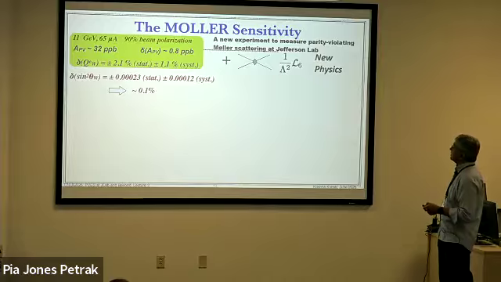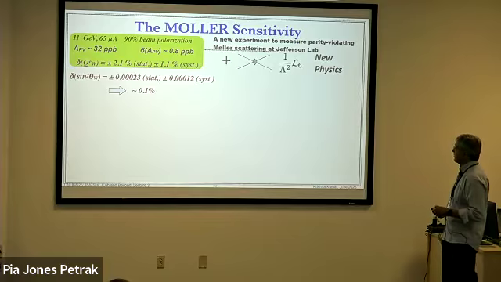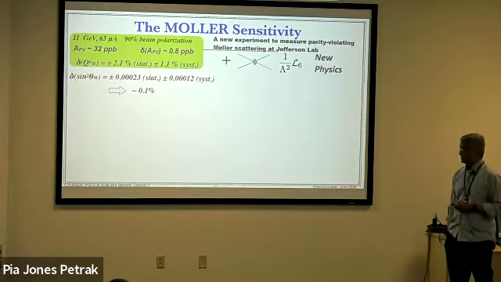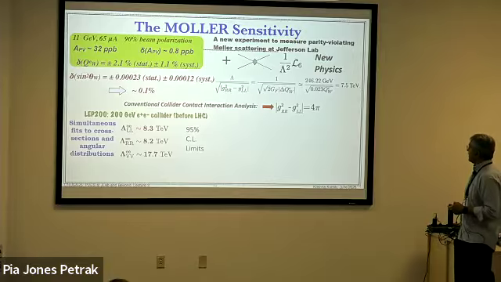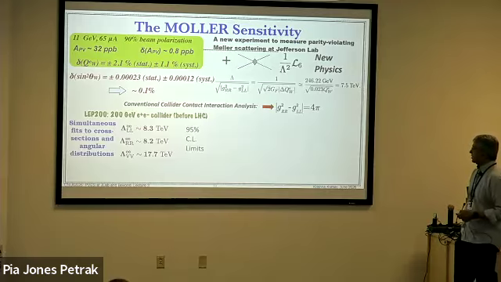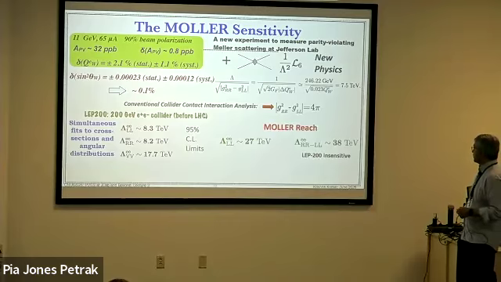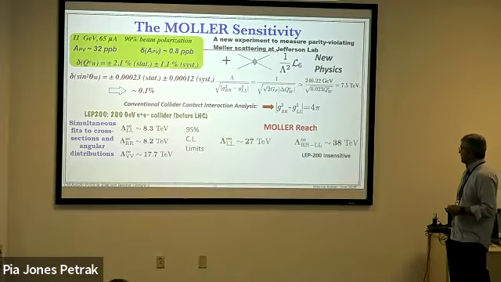So what is the new physics sensitivity? This is the prediction, 32 parts per billion. We want to get to 1 part per billion, and we'll measure the weak mixing angle to very high precision, 0.1%. So the main thing is the new physics. And it turns out that if you compare this to the best high energy collider, that is LEP 200, these are the sensitivities, and compare that to what MOLLER can reach, which is like 20 to 30 TeV.